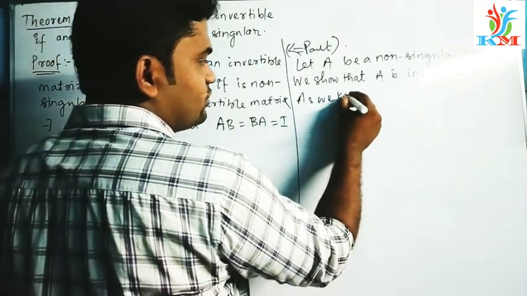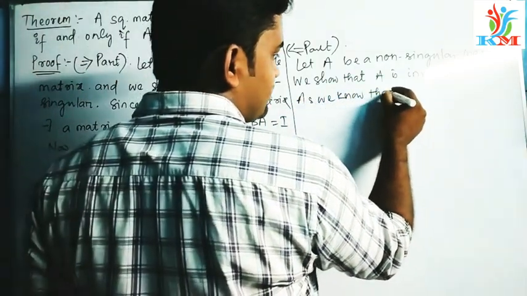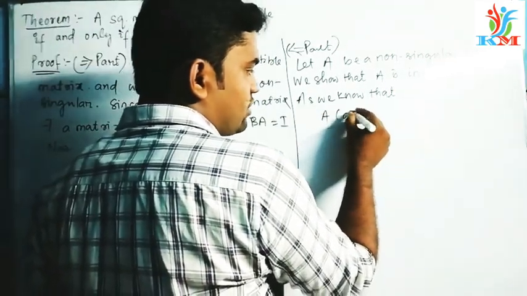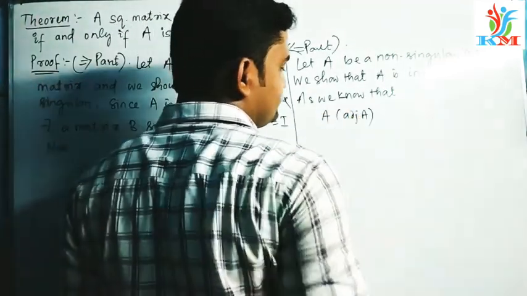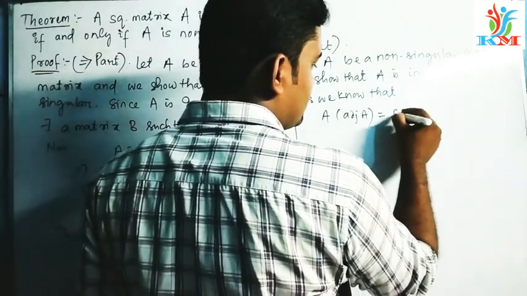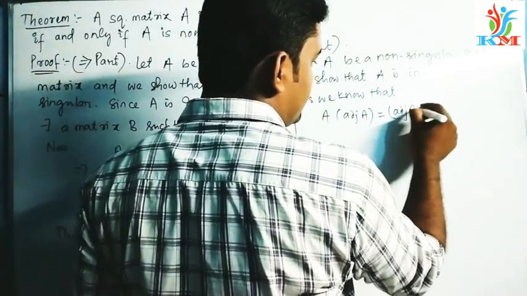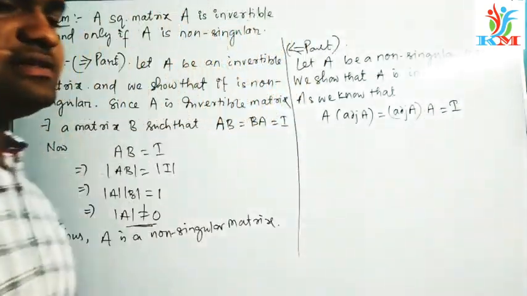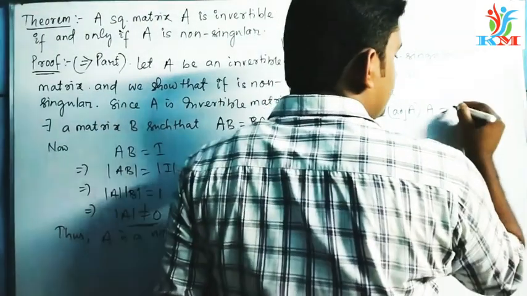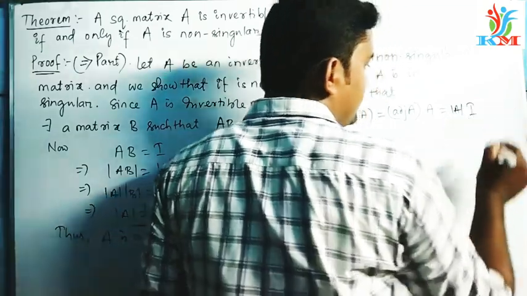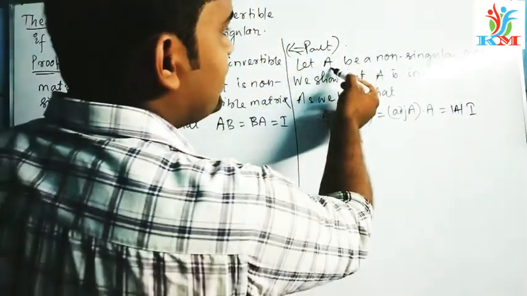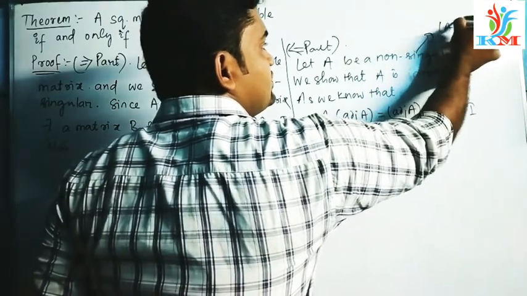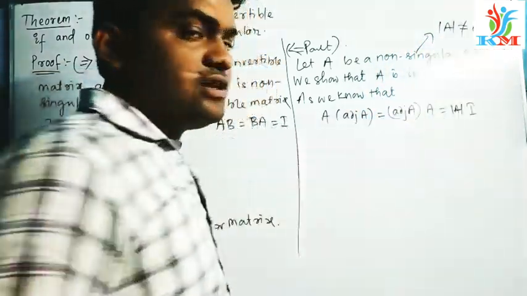As we know, A into adjoint of A, which is equal to adjoint of A into A, is equal to determinant of A into I. Since A is a non-singular matrix, its determinant must not be equal to 0.